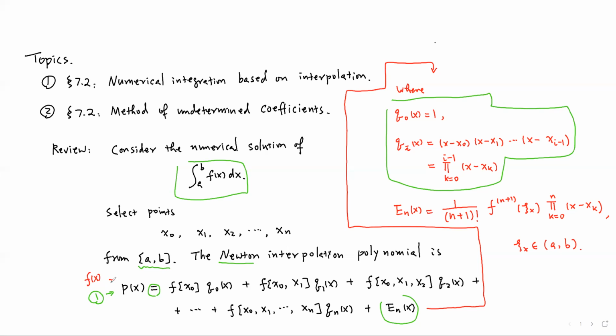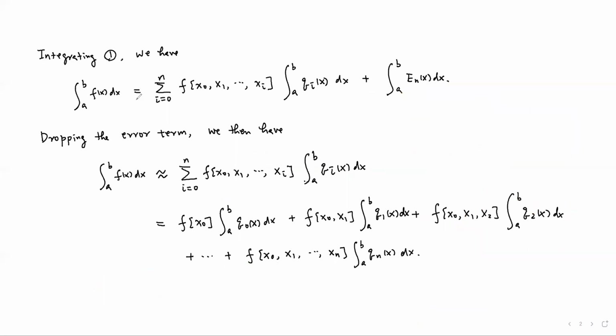Now take integral on both sides of this equation. Then we have this equation. Drop the error term, and we have a quadrature formula to compute this integral.